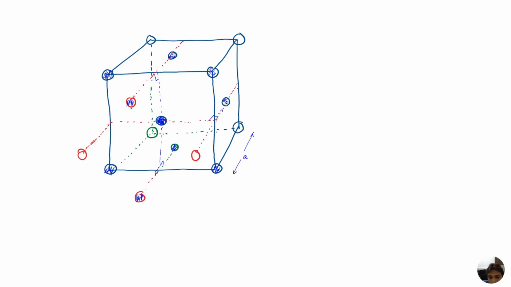Go to the left. This is a face which is perpendicular. This particular face is going into the screen, and since it is a face centered lattice, this particular atom is at the face center of the plane which is going into the screen.